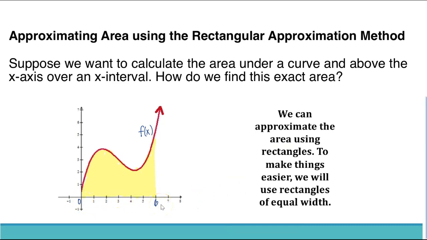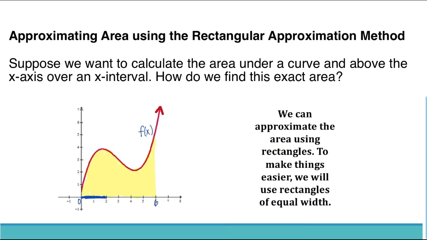So we can use, let's say, 3 rectangles of equal width, meaning that each of the rectangles is going to have this width of 2 units. So this first rectangle is going to have a width of 2 units. I'll make it really bold so we can see it.